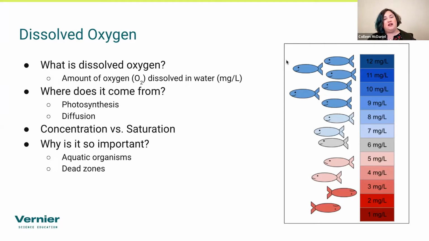The other place that oxygen can come from is diffusion, basically diffusing from the atmosphere into water. That's typically due to wave action, ripples, or riffles within streams and rivers. So those are our primary sources.